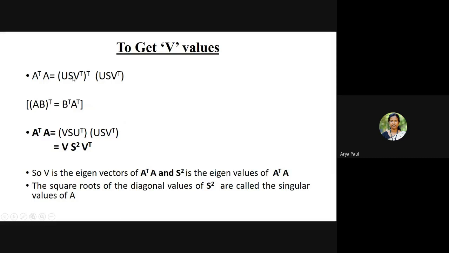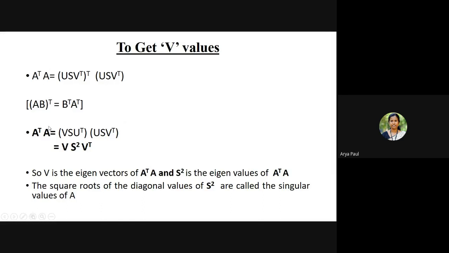Now, what is U S V transpose whole transpose? You know the relation: AB whole transpose is equal to B transpose into A transpose, isn't it? In the reverse order, you need to apply the transpose. Since you know this relation, it is very easy.